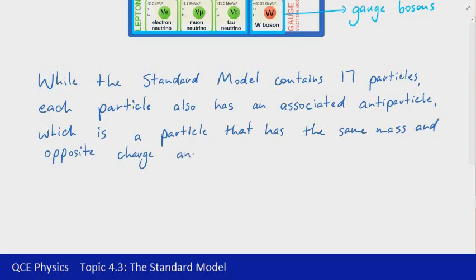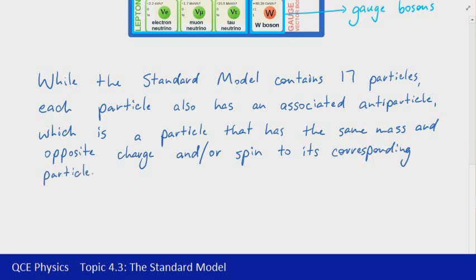Again, that concept of spin is not one that we have to cover, but it's important to identify as being a property that you can relate to, at least, that there is a property of spin to consider. So that's the idea of an antiparticle.